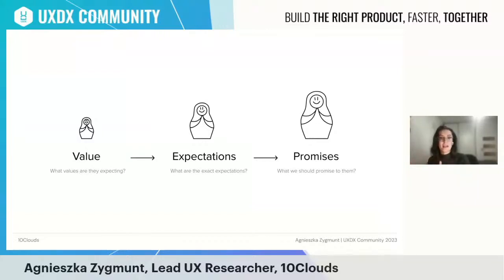What are the exact expectations that are related to values, to go more into details? And after these two steps, you are able to answer, okay, I know the values, I know the expectations, so what should I promise to them? It's also really simple, like with this process, promise, fulfilling, values. We have here value, expectation, promises.